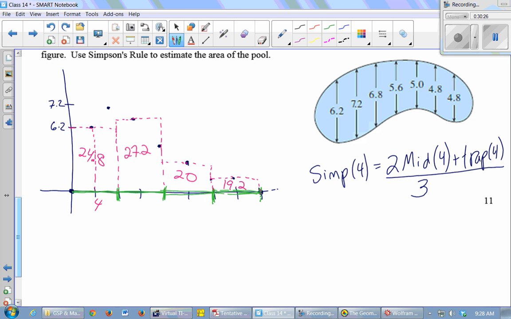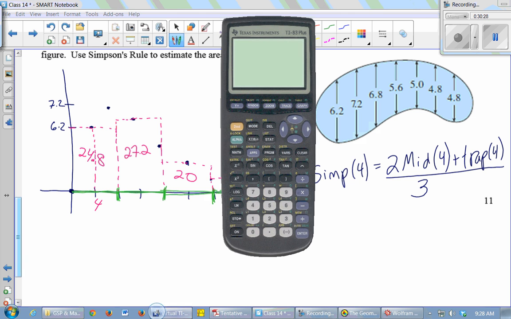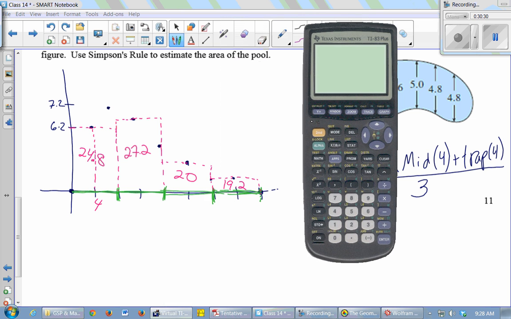Okay, so then you add them up, just to make sure I don't make a mistake. 24.8 plus 27.2 plus 20 plus 19.2. Okay, so 91.2. So that's my mid with 4 intervals.